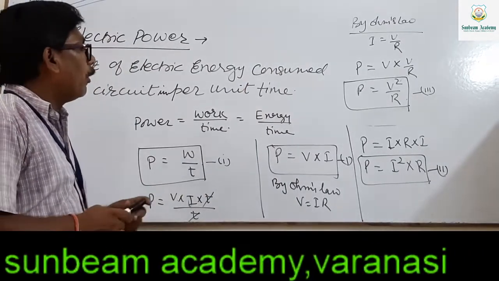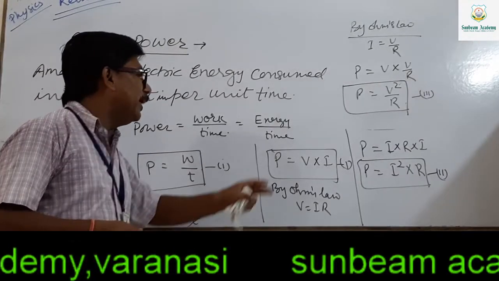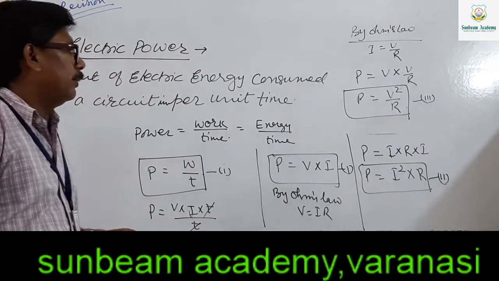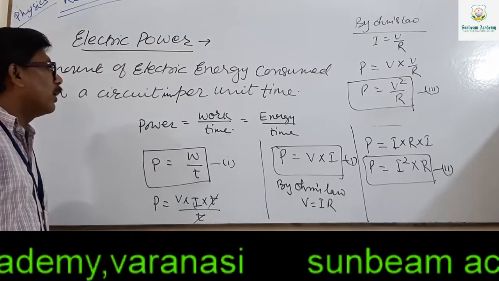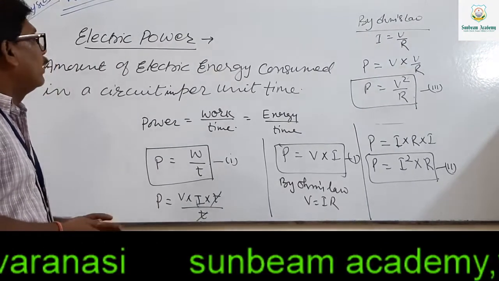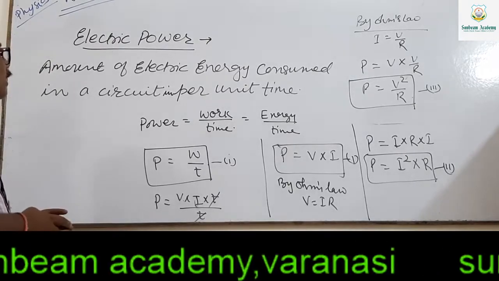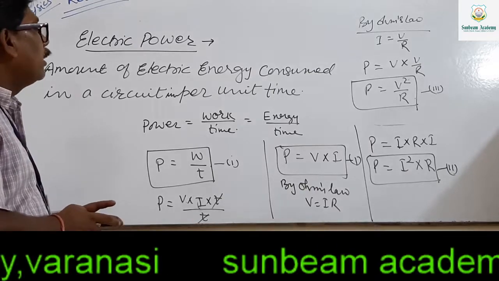Depending upon the conditions given in the numerical, you have to decide which formula is applicable for calculating the power. So once again, I am repeating, electric power is defined as the amount of electric energy consumed in a circuit per unit time.